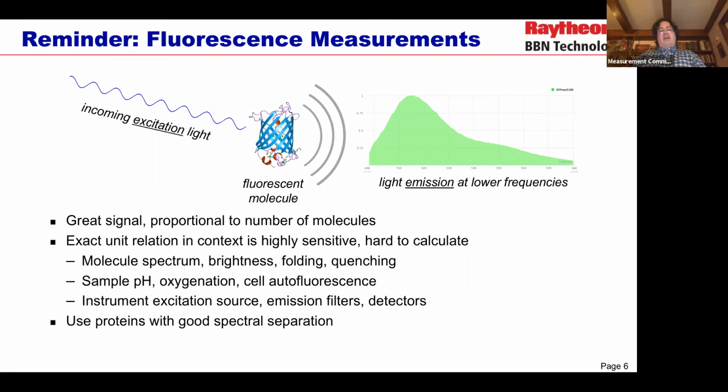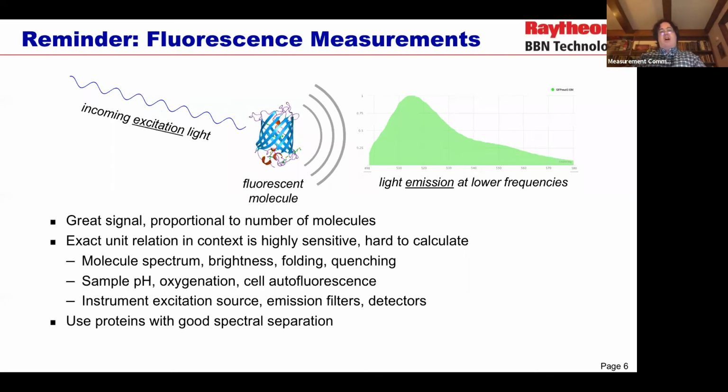Fluorescence, reminder, gives us a great signal that's highly proportional to the number of molecules, but the exact relationship between the strength of emission that you're getting in context is pretty sensitive and hard to calculate. There's a whole bunch of different factors that can come in there, so we always have to calibrate it.